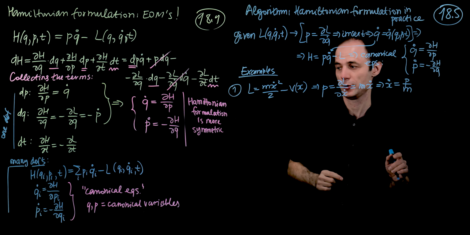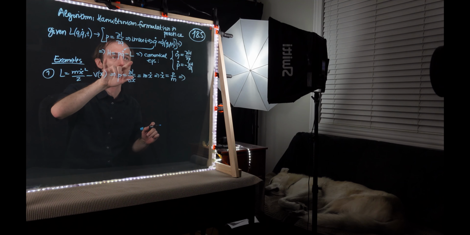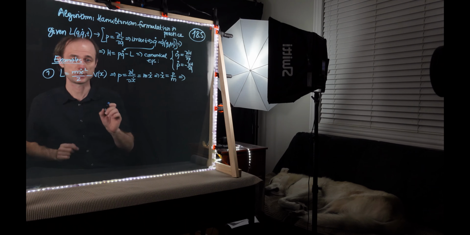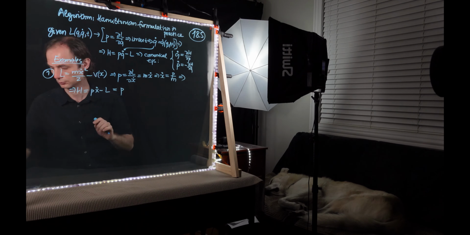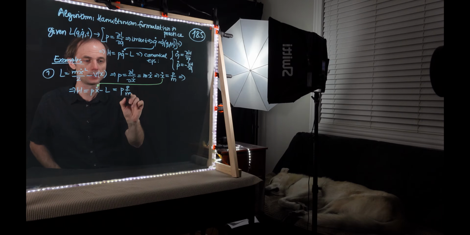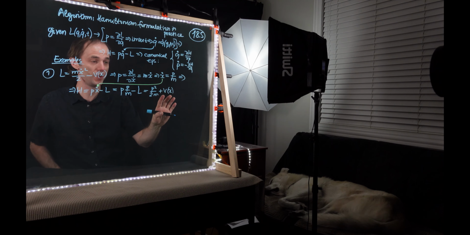The next step is to compute the Hamiltonian in terms of the coordinates and momenta. Plugging in x dot here, we're going to get that the Hamiltonian is p times p over m minus L, or p squared over 2m plus V of x.